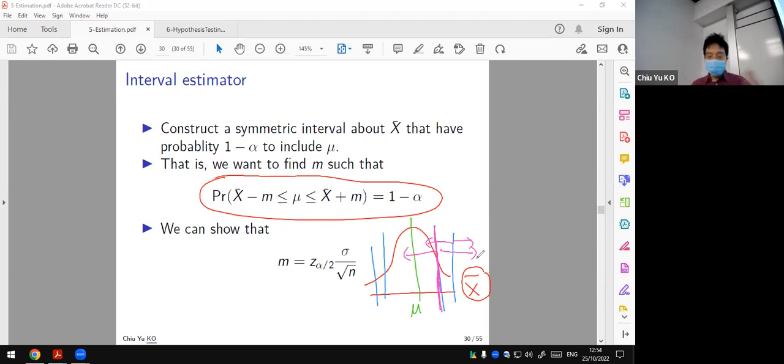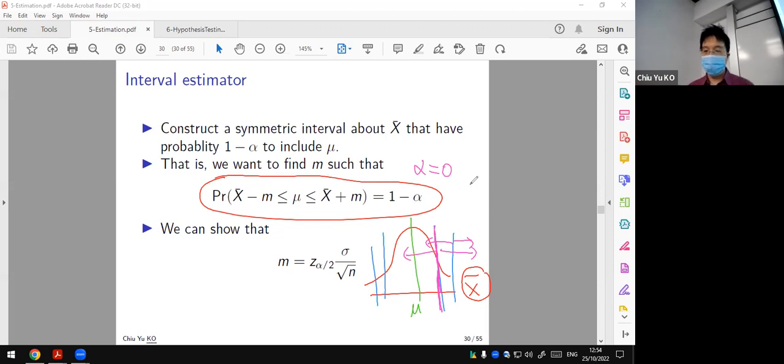And remember, normal extends from negative infinity to positive infinity, so there's no way to make alpha become 0. The reason is if alpha becomes 0, m has to be infinite, because it extends way longer. Your sample mean can be extremely large, and then you need an extremely big m.